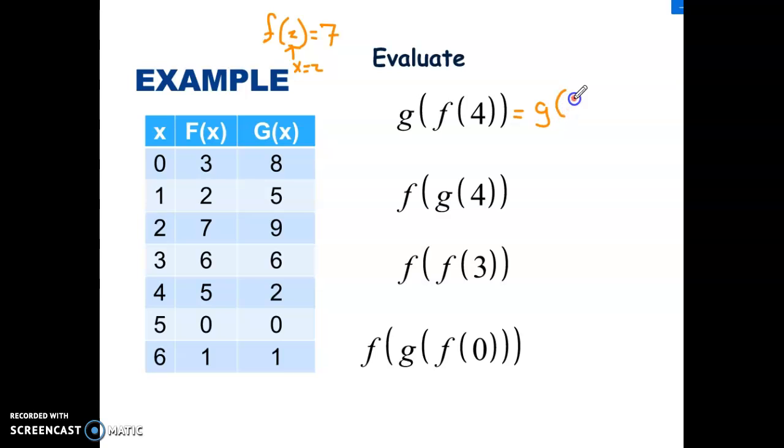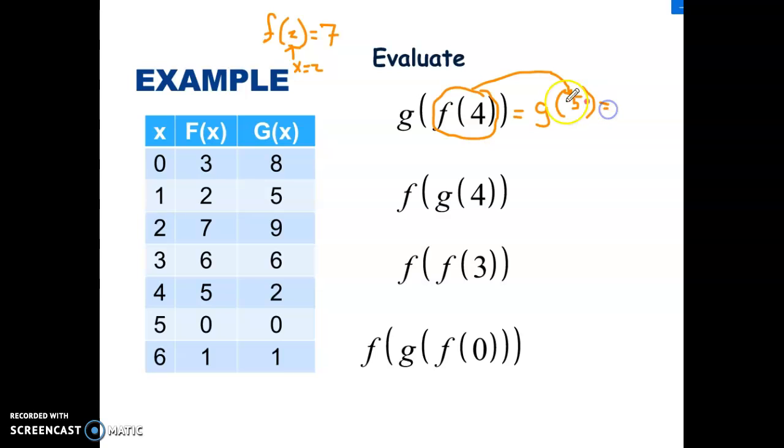By doing that quick calculation, I'm replacing this package and rewriting it as 5. f of 4 is asking what's the output when x is 4? Well, that output is 5. So I'm going to write the output itself rather than that whole notation.